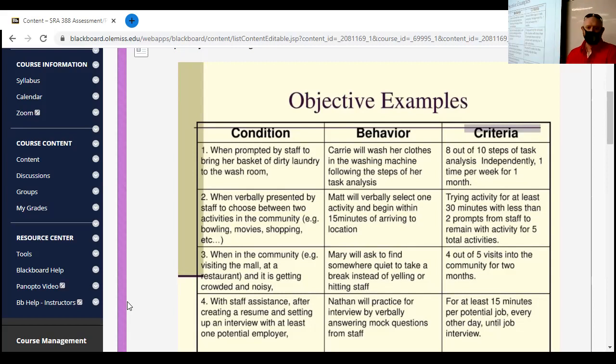The next one here, this would be an example of clients that I worked with when I was at the NMRC who had developmental disabilities and therefore had some behavior problems. Mary, the condition, somebody tell me the condition.